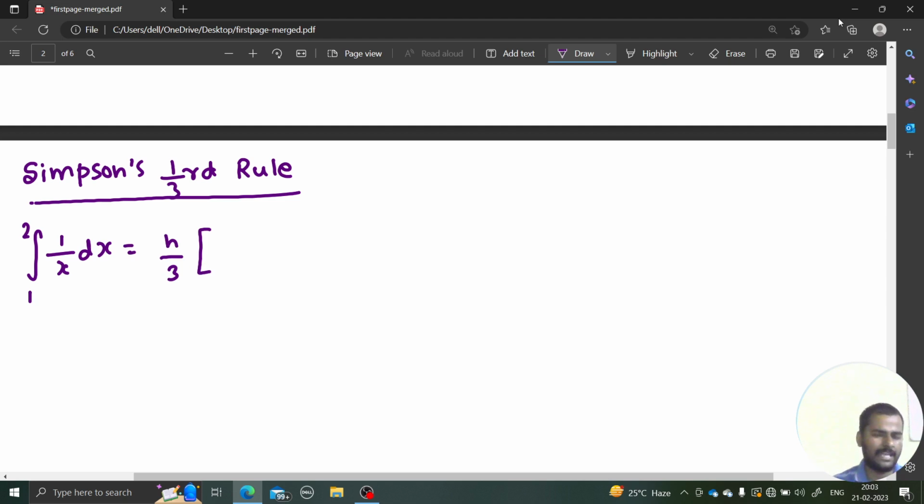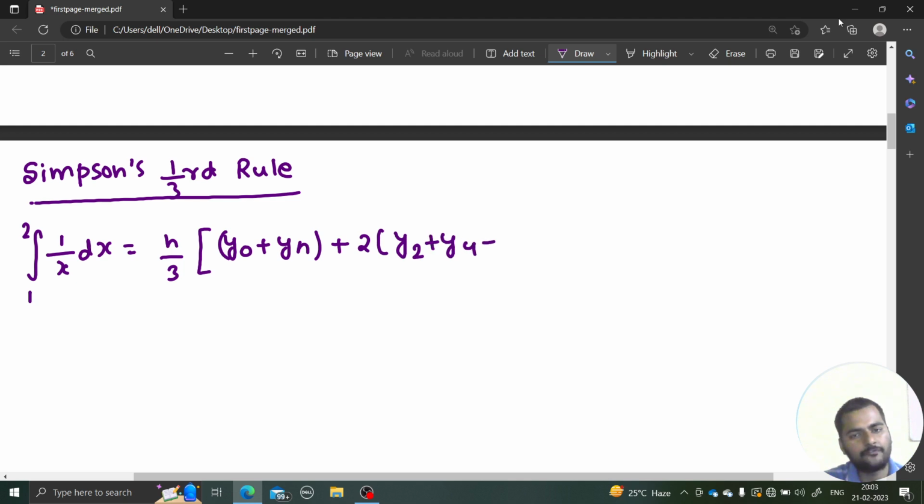Now what we do here, again: first plus last, plus 2 times the even ones, so y2 plus y4 plus y6 and so on, plus 4 times the remaining ones, or you can say the odd ones, so y1 plus y3 and so on. I'm not writing the last value, but you may write.